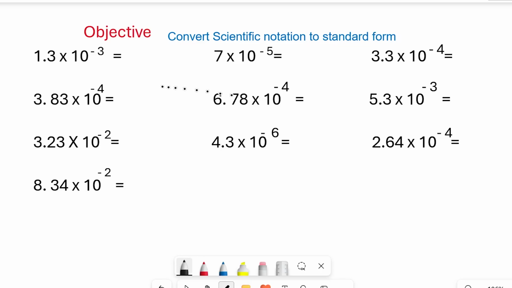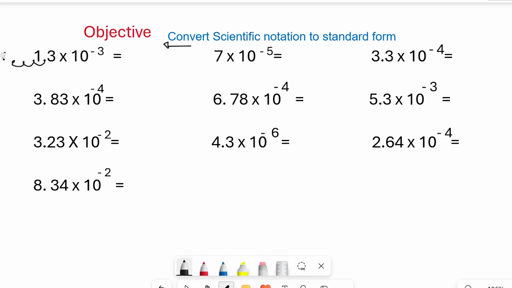So what I'm going to do is start moving the decimal back 3 units. And by that I mean I have to move it left. This exponent, you see the number, tells you that you have to move it back 3 units. So starting right here, moving it back 3 units, 1, 2, 3 units.